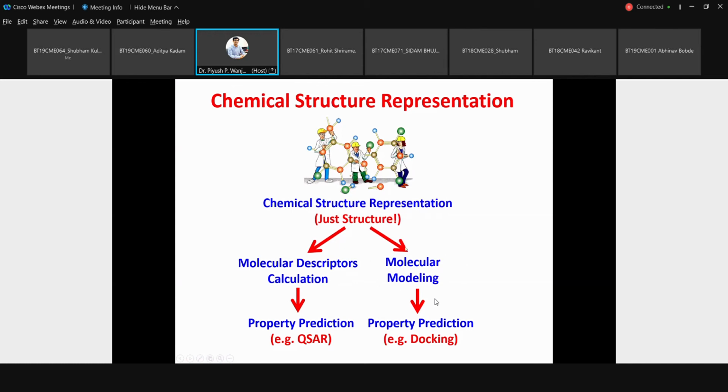This is a more sophisticated method than the previous one. These molecules undergo molecular modeling, and then from the interaction, for example between a protein and a ligand molecule, you can get some property prediction and use it for screening. Slowly you will understand the flow, but the example shows that whatever structure we build, ultimately we are going to do property prediction.